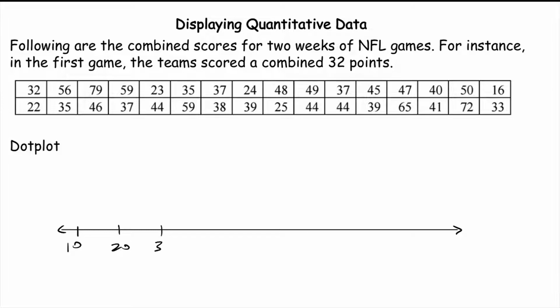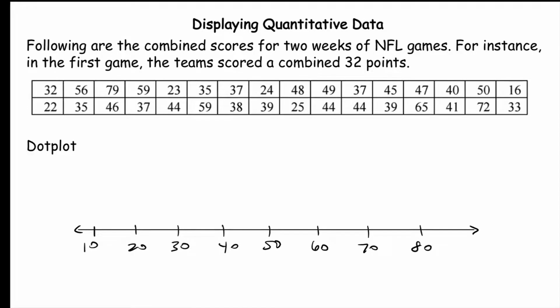20, 30, 40, 50, 60, 70, and 80. All right. And then you're either going to make a dot or an X wherever one occurs.